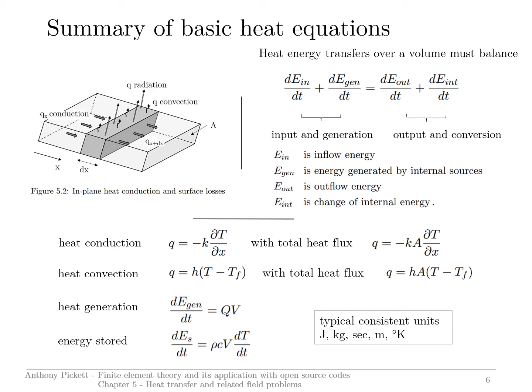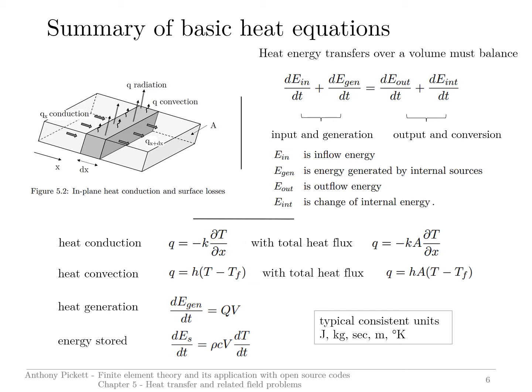On this slide, I just want to summarize some of the main equations that we will be needing for this heat transfer problem. On the top left is a 1D view of flow through a material.